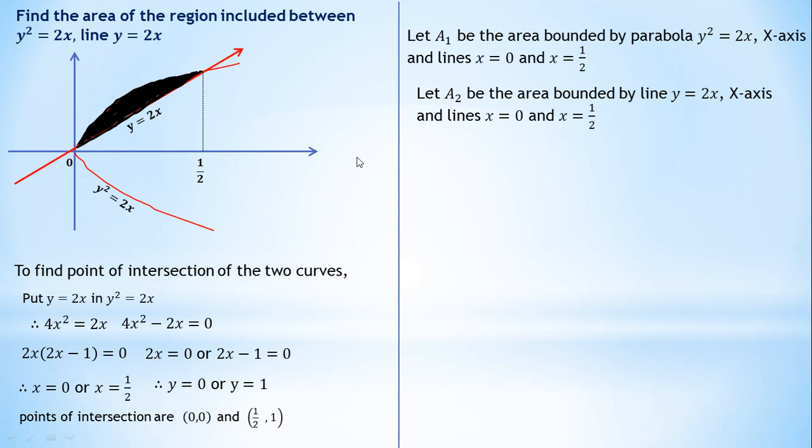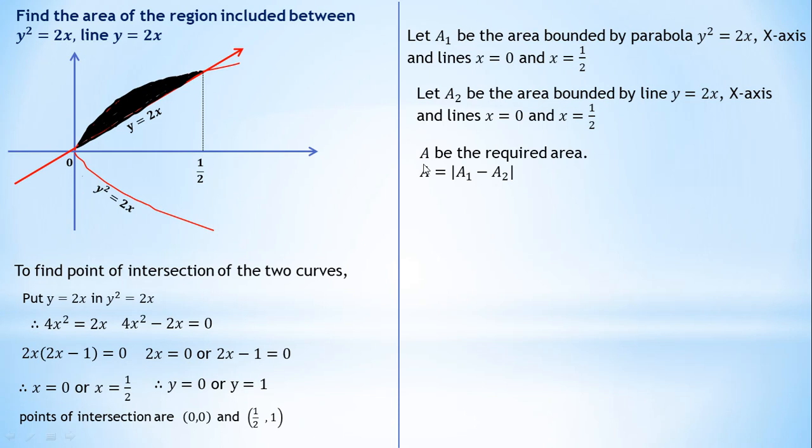And to get the required area of that shaded region, we will write mathematically, A be the required area. And how will you get A? A is equal to modulus of A1 minus A2. So after getting A1 and A2, if we find out A1 minus A2, then A1 minus A2 is the area of the shaded region mathematically.